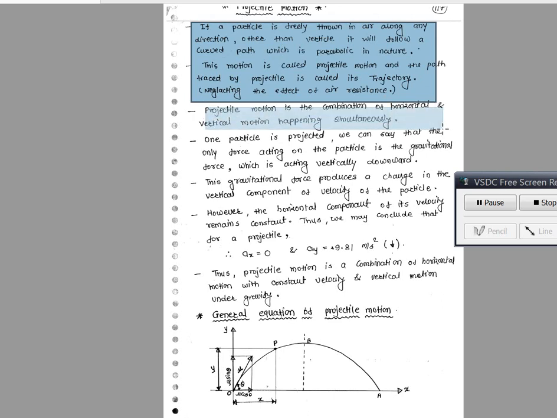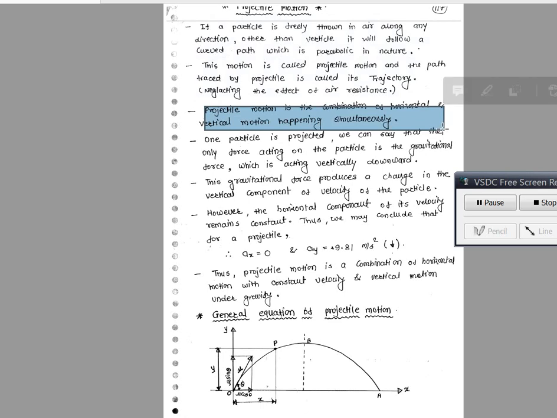Projectile motion is the combination of horizontal and vertical motion happening simultaneously. If you observe carefully, take the sixer hit by the batsman in a cricket match.